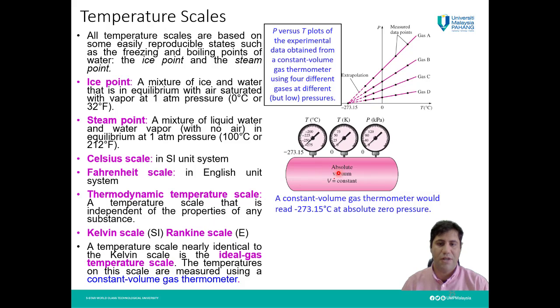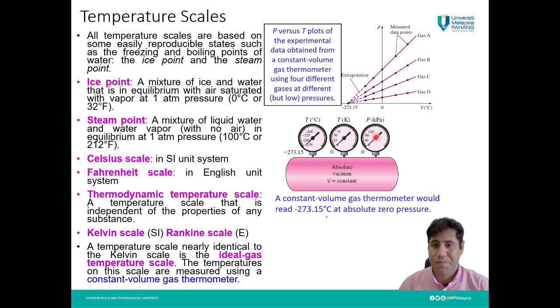You can see here a constant volume gas thermometer would read negative 273.15 degrees Celsius at absolute zero pressure. This is the minimum pressure human beings can reach up to now.